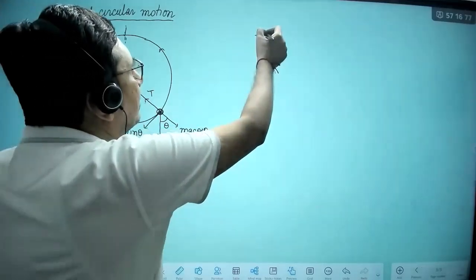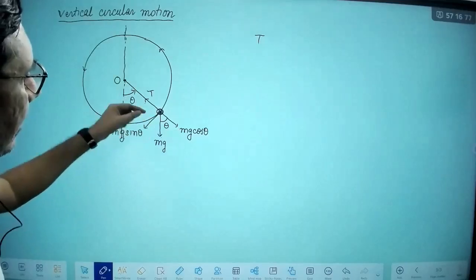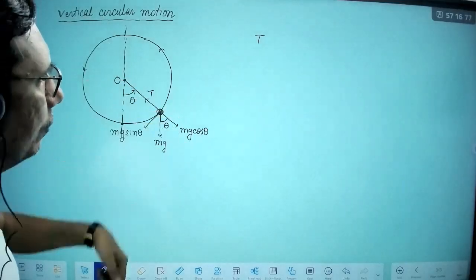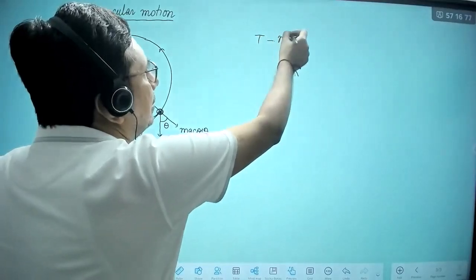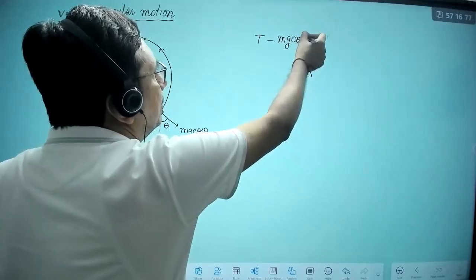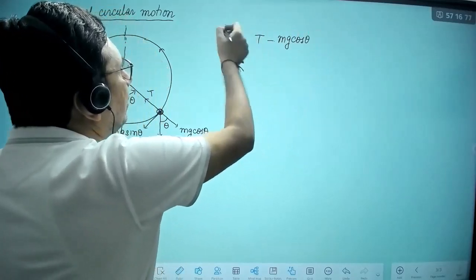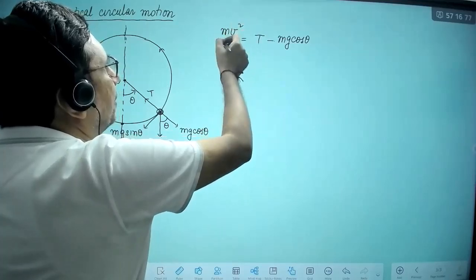Tension is acting as a source of centripetal force, but there is an opposite force also, mg cos theta. So T minus mg cos theta together is the source of centripetal force. That will be mv square upon r.